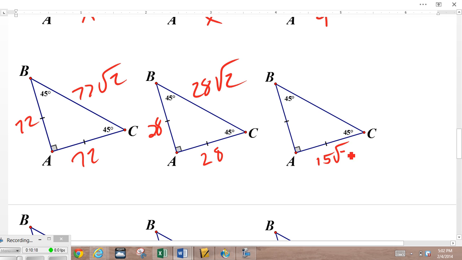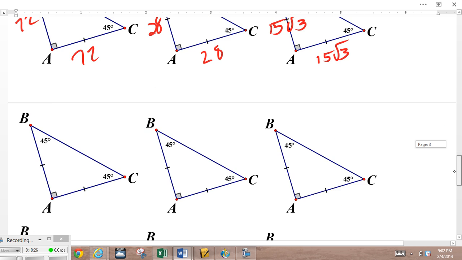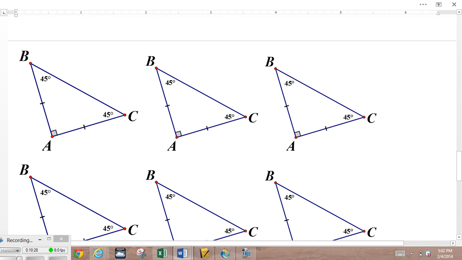15 radical 3, 15 radical 3, you guessed it, 15 radical 6, right? 49, the square root of, what do you want, the square root of 10? 49, the square root of 10. This is going to be 49, the square root of 20.